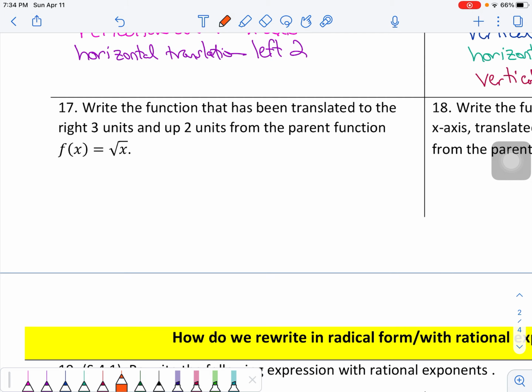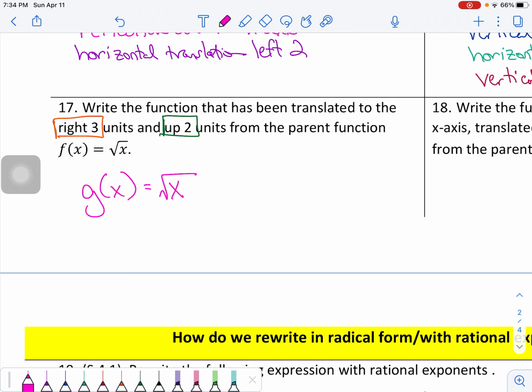Problem number 17, we want to write a function that has been translated to the right 3 and up 2. So when we go to write this function, I don't want to use the same notation. f of x has been defined as the square root of x, so I don't want to use the f of x notation. You can use any other function notation you want. I'm just going to go with g of x.